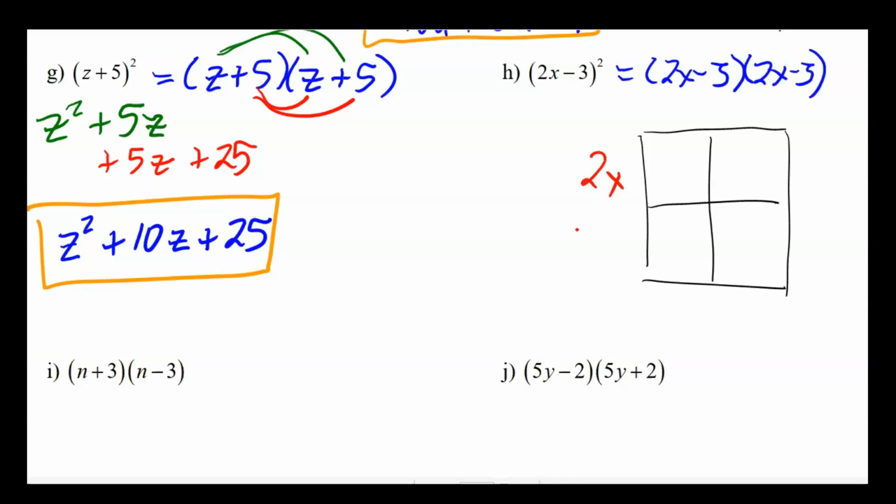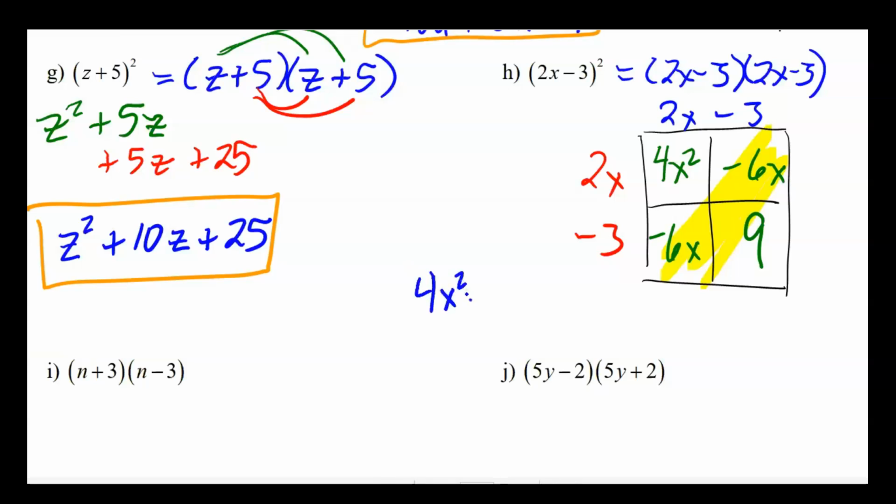So 2x minus 3 down the side, 2x minus 3 across the top, filling in my values, 2x times 2x, 4x squared, 2x times negative 3, negative 6x, 2x times negative 3 again, negative 6x, negative 3 times negative 3, 9. Like terms are happily down my diagonal again. So there's my x's. So I combine those. 4x squared minus 12x plus 9.